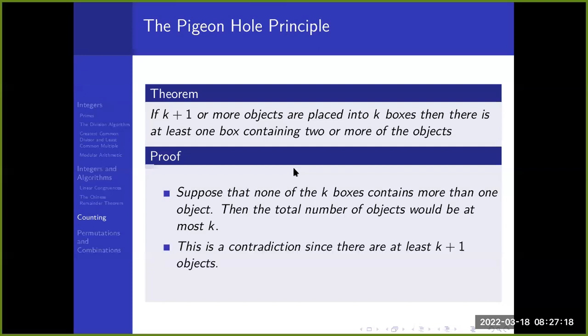The proof here is by contradiction, and therefore one of the boxes must contain 2 or more. If we assume that none of the boxes contain 2 or more, then we end up with fewer objects than the k plus 1 we have. So one of the boxes must contain at least 2 or more. So that's the proof.